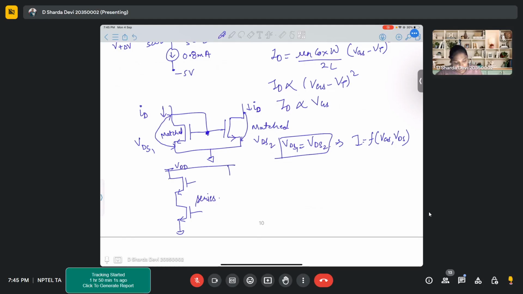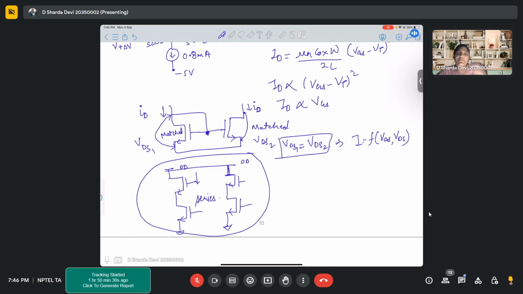So if there are two sets of transistors, here again it is VDD and this is ground. So what will we call this pair? In this particular combination, it is series. But when we look at the whole circuit, for this it is series, and for this total, one series combination is in parallel with the other series combination.